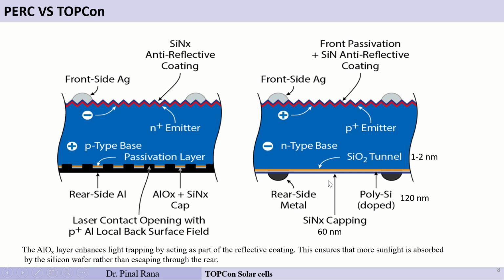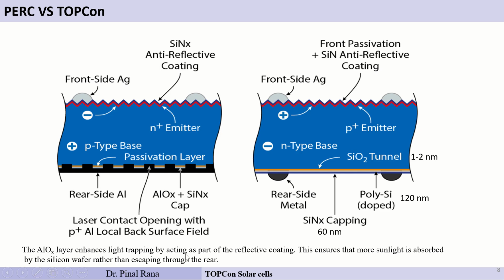So why in the PERC solar cell are they using aluminum oxide and silicon nitride capping layers? The reason is mentioned here. The aluminum oxide layer enhances light trapping by acting as part of the reflective coating. This ensures more sunlight is absorbed by the silicon wafer rather than escaping through the rear side.